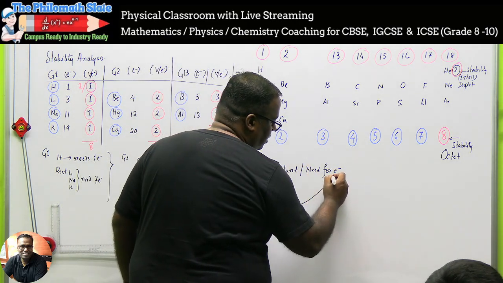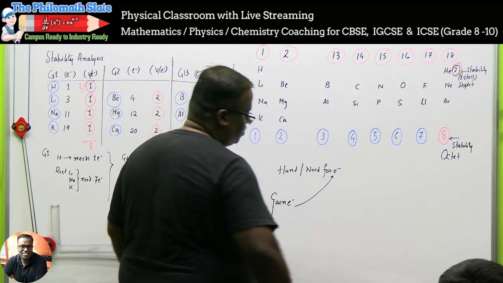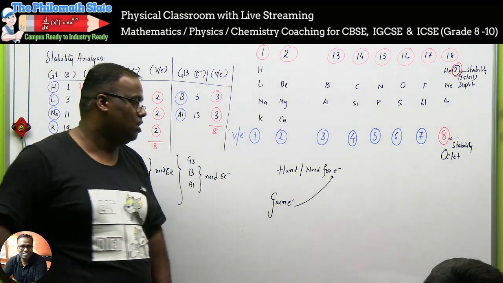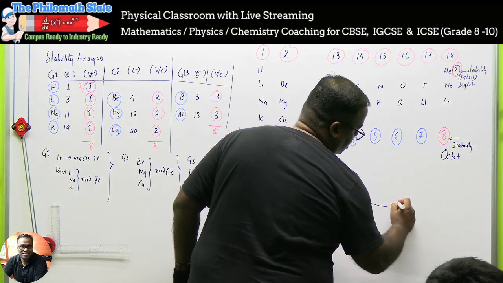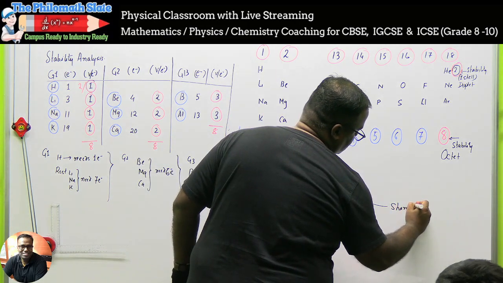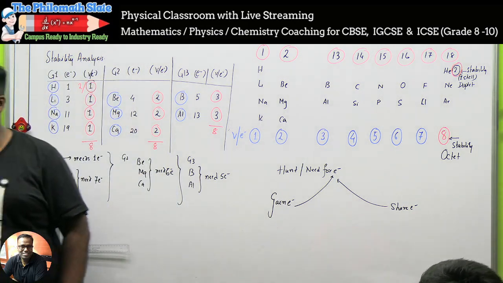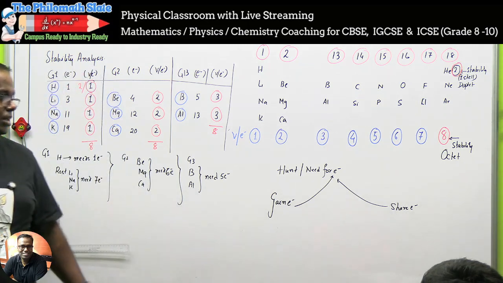One way is that you gain electrons. Gain means there should be somebody who will donate you electrons. Or another way is that you share electrons. Do you understand? Clear? Now, interesting part.